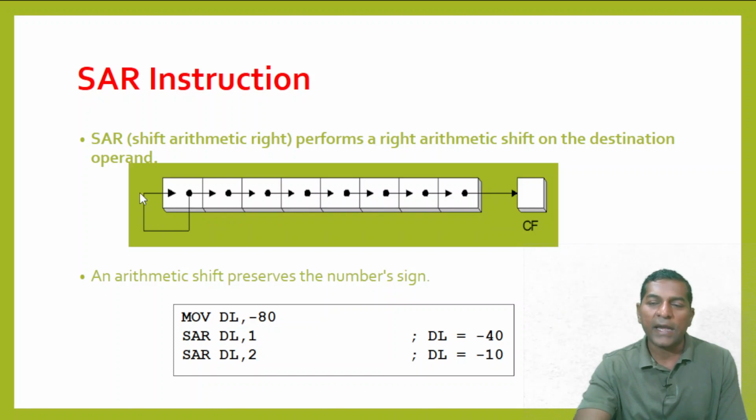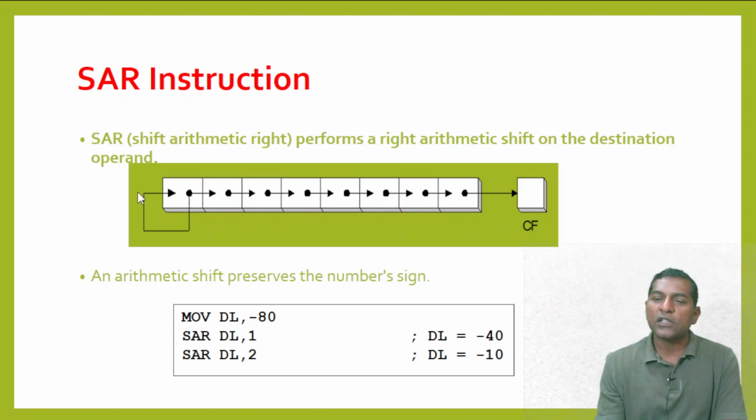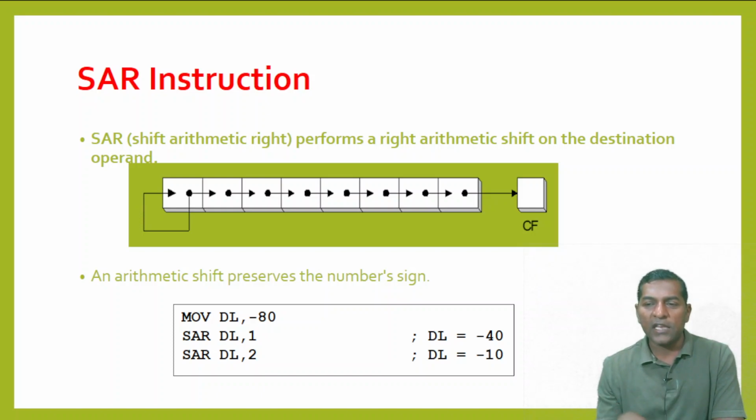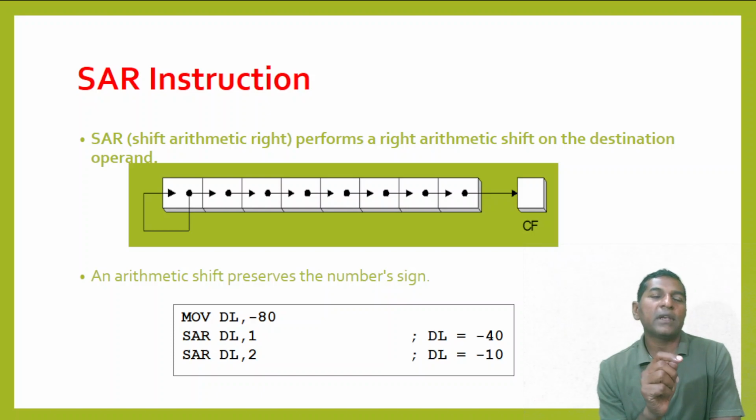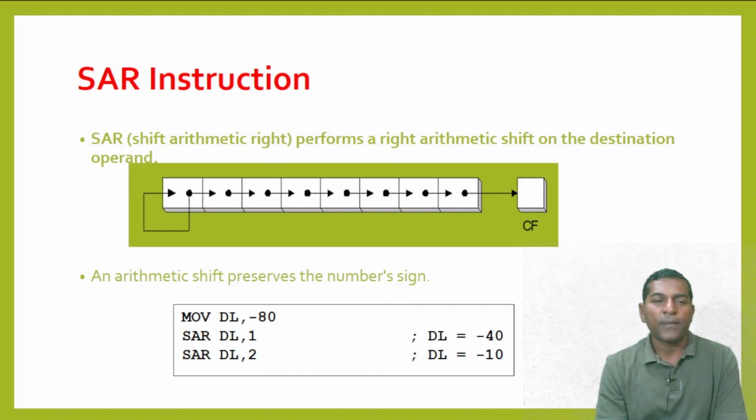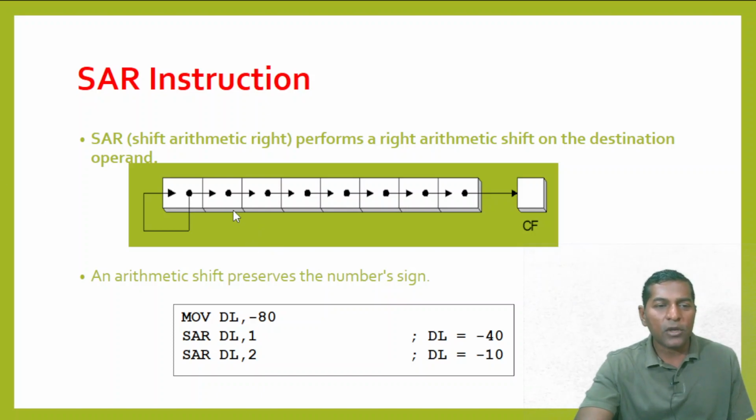Here an additional 0 will not be added, but the sign bit will continue to remain the same in the D7th bit. That's why we always get the signed result finally in the destination, and the sign bit will be copied from left to right because we are applying a shift operation.